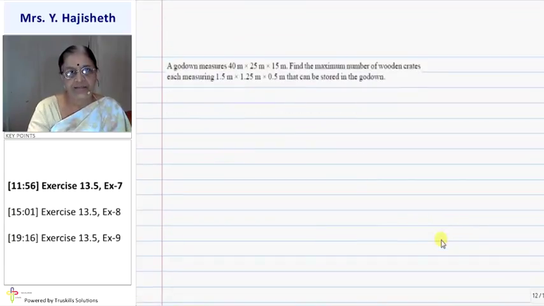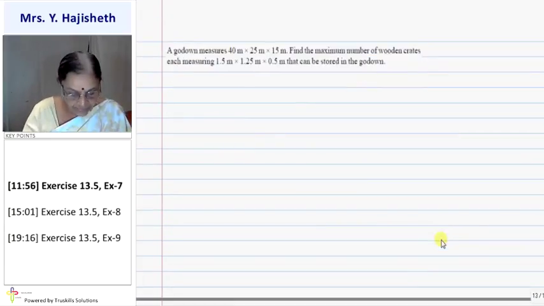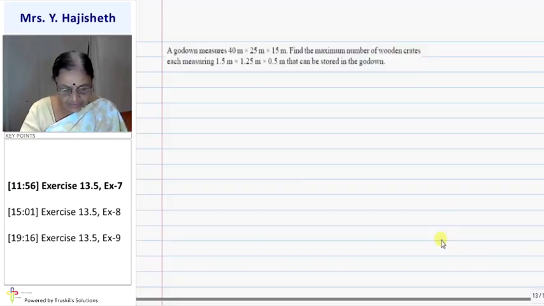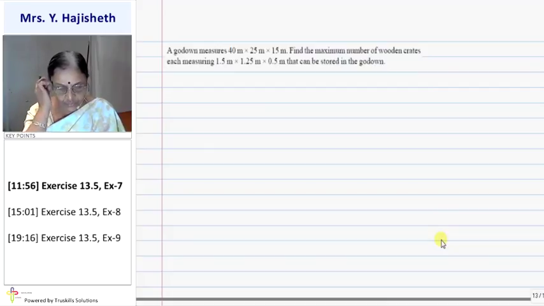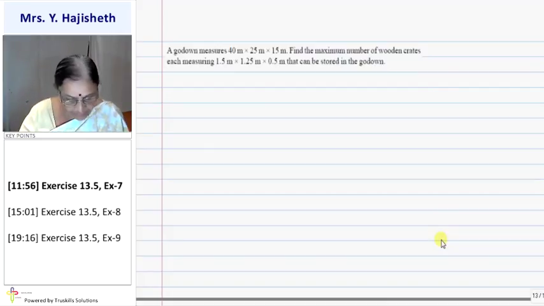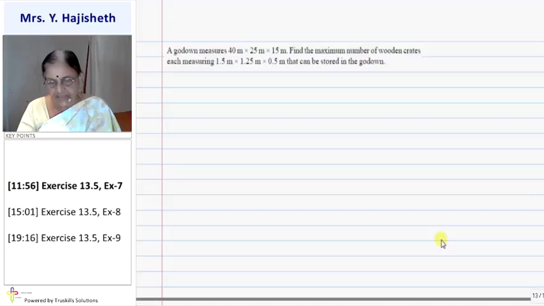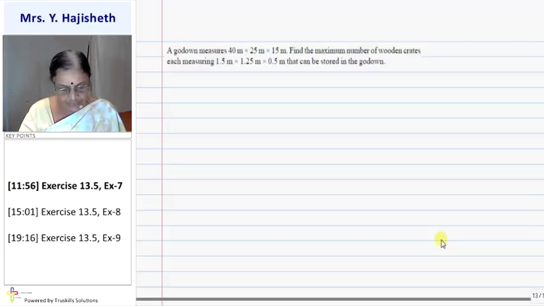Clear? Now next sum is a godown measures 40 meter by 25 meter by 10 meter. These are the measurement of godown, cuboid. Find the maximum number of wooden crates, each measuring 1.5 meter by 1.25 meter by 0.5 meter, that can be stored in the godown.